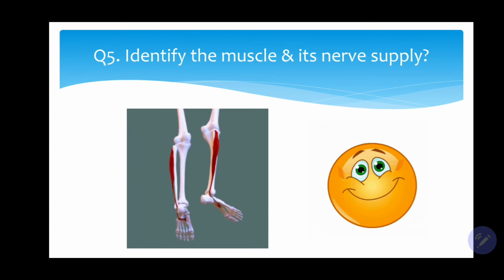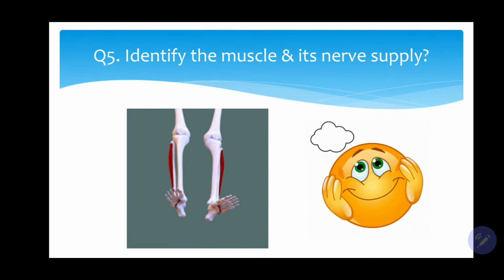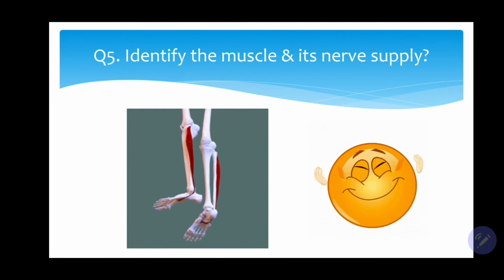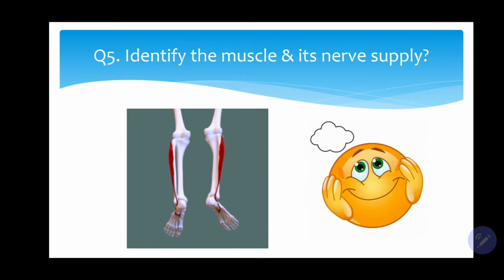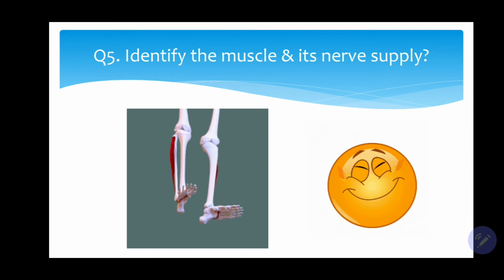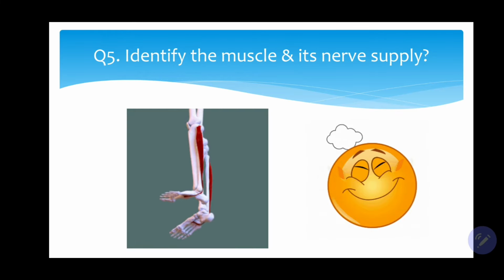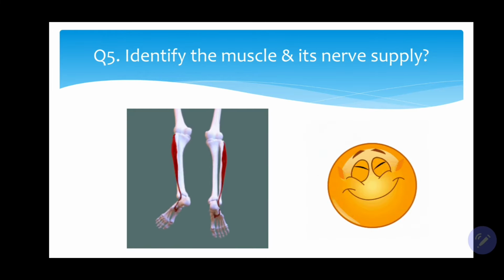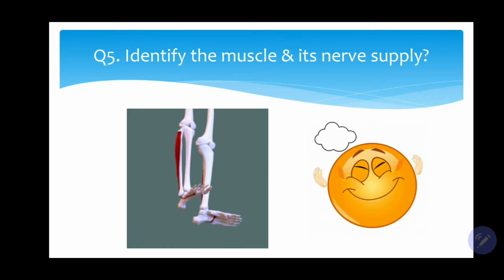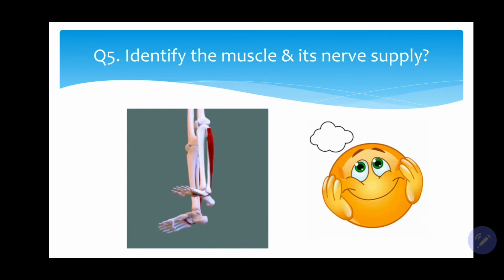The deep peroneal nerve, as I told you, pierces the anterior intermuscular septum and reaches into the front of the leg, while the superficial peroneal nerve continues to run under the substance of this muscle, Peroneus Longus. So this muscle is innervated by the superficial peroneal nerve on its deeper surface. Okay, so that was the nerve supply.